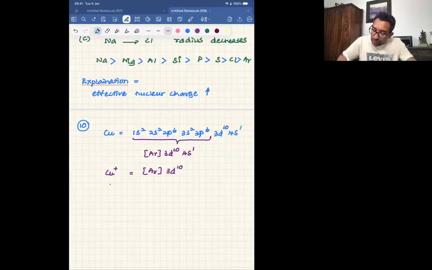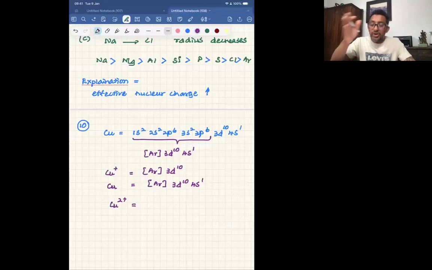Because if you are removing one electron, copper plus gives you argon configuration 3d10. Another option gives argon configuration 3d10 4s1, so that is also wrong. It says 4s2. For copper plus 2, you remove one electron from 4s1, and you remove another electron from 3d. That will give you argon configuration 3d9.